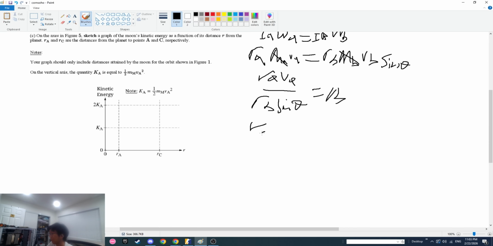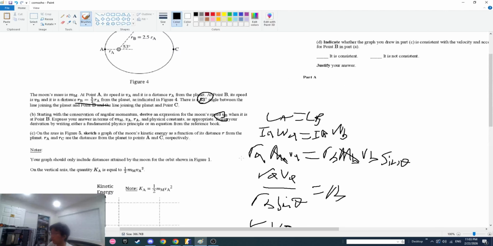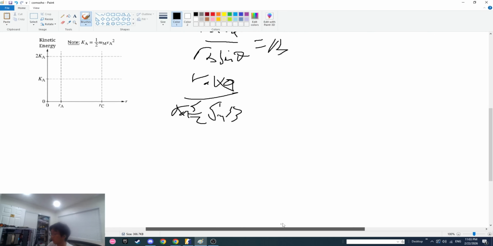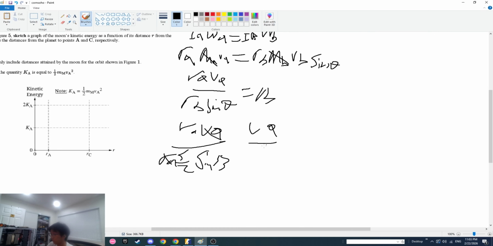So I'm going to get R_A V_A over R_A times 5 over 2 sine 53, and cancel out the R_As. And we get V_A over, and this 5 over 2 times sine 53 equates to about 2. So we get V_A over 2 equals V_B.